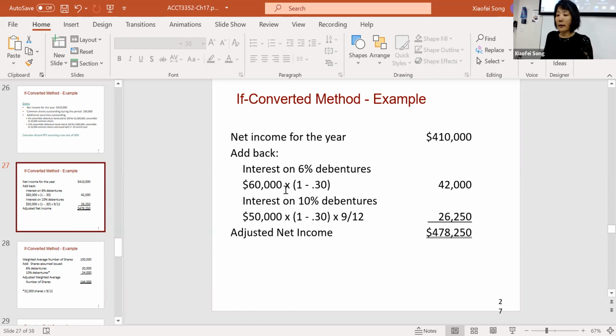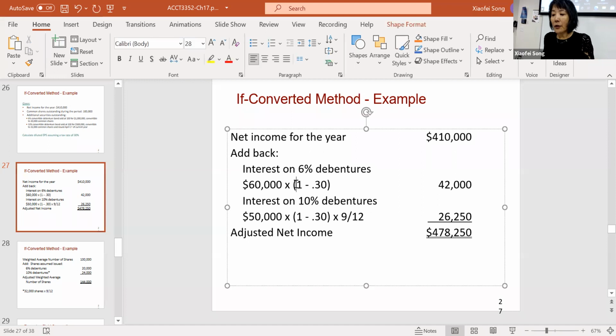A little twist here: interest is tax deductible, right? So if there's no interest, the tax will be higher. So the adjustment should be that we add back the after-tax interest. Does that make sense?